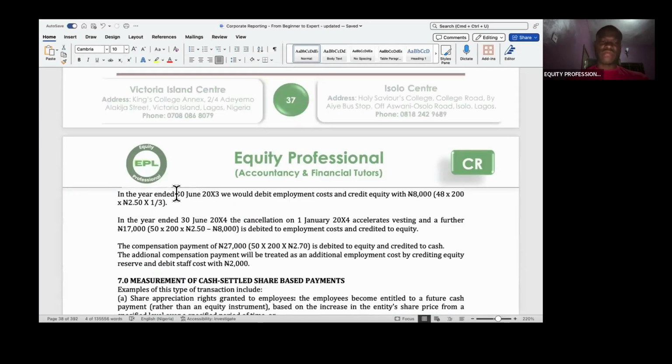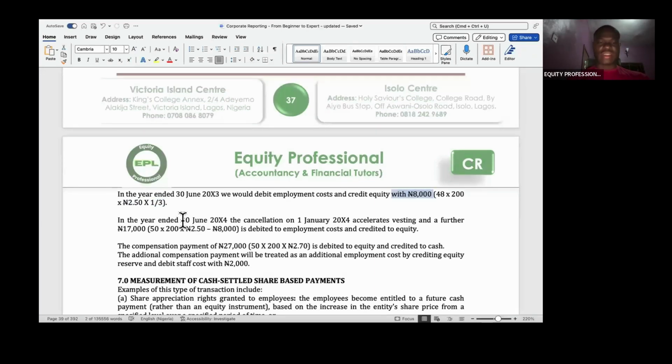At the end of the first year, which is June 2003, we are going to debit staff costs, credit equity with 8,000, which is 48 employees multiplied by 200 options, multiplied by the fair value of the options at grant date, then multiplied by 1/3. That gives 8,000 for year one.